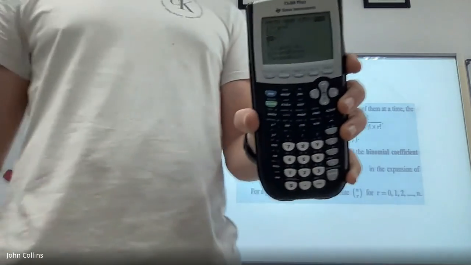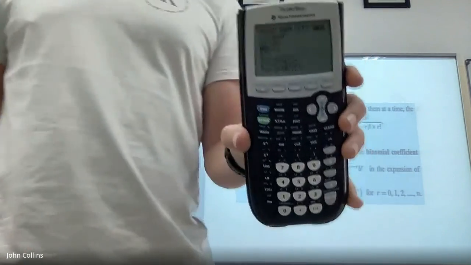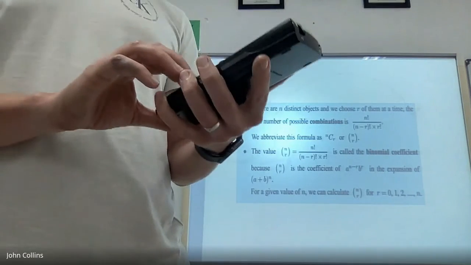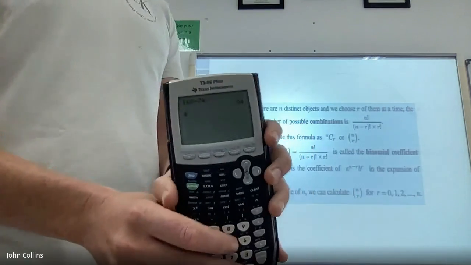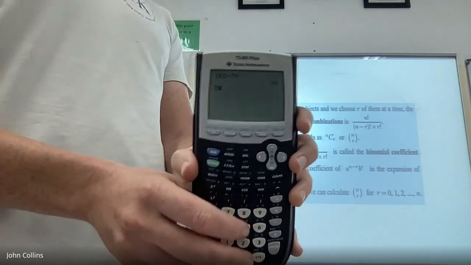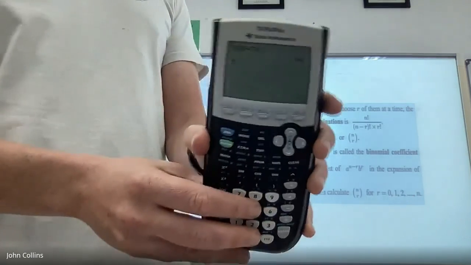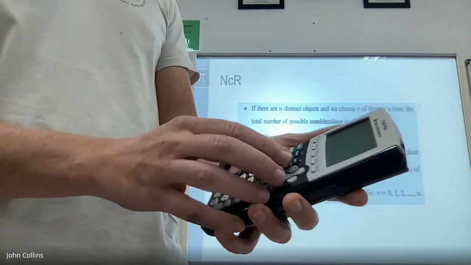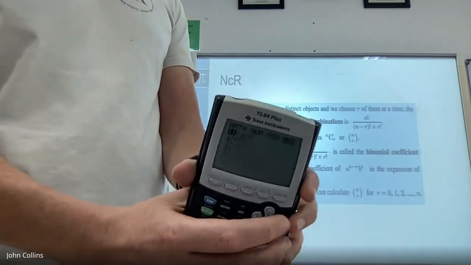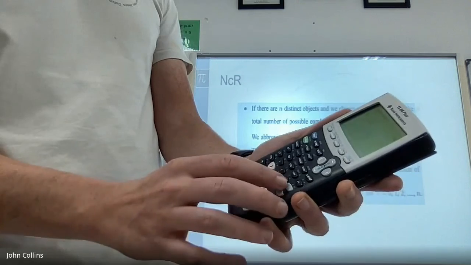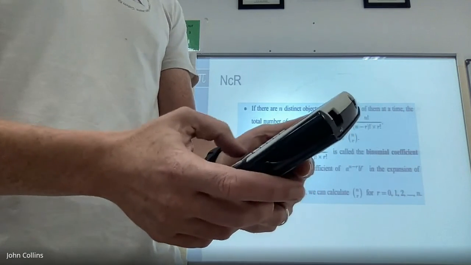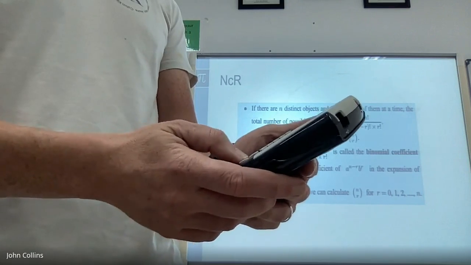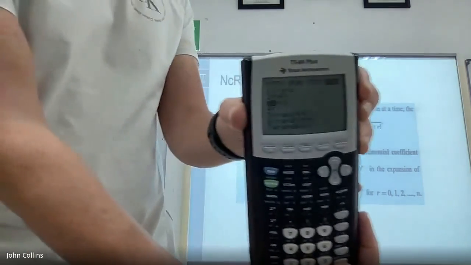So if we do a simple example, I'll start again. We're going to do 5 nCr 3. So press 5. Go then to math, scroll across to probability, and select nCr. 5, math, probability, nCr. Press enter.